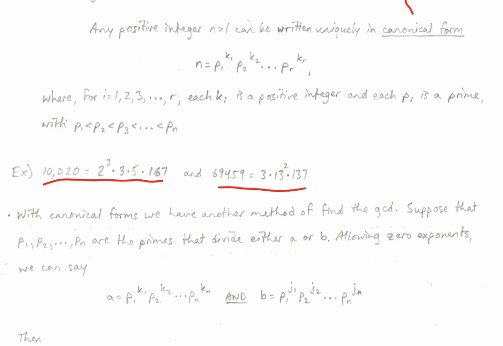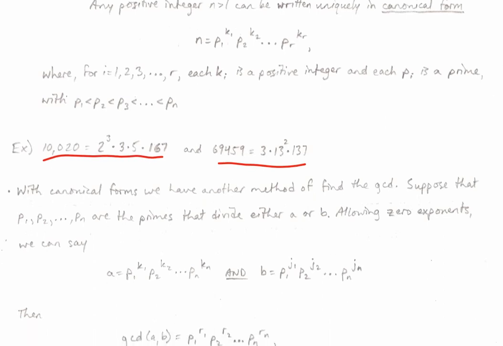So allowing exponents to be 0 when it is appropriate, we can say that A has a canonical form P1 to the K1 times P2 to the K2 times Pn to the Kn. And then B has canonical form P1 to the J1, P2 to the J2, ... Pn to the Jn.